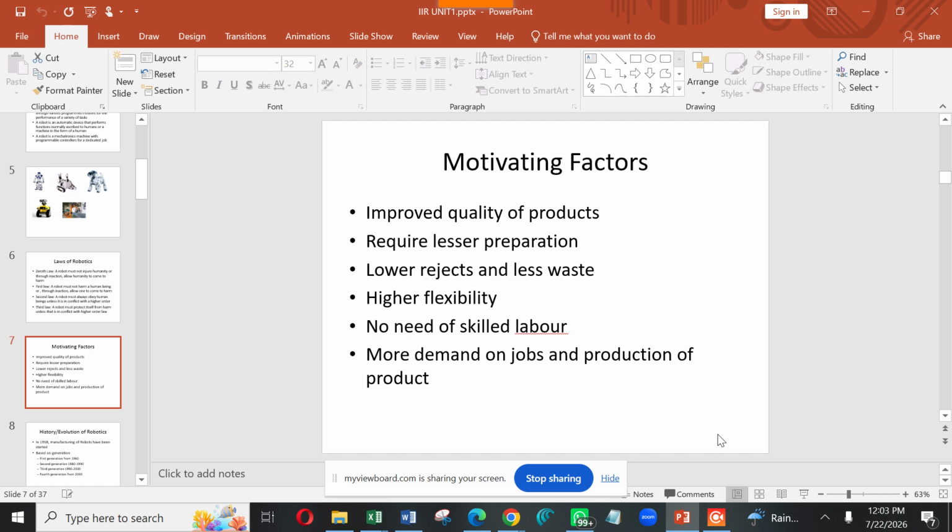Higher flexibility: it can work at night also. Then there is no need of skilled labor. For example, you might have seen nowadays the wooden doors which come with more intricate work, used as the main door in big buildings.